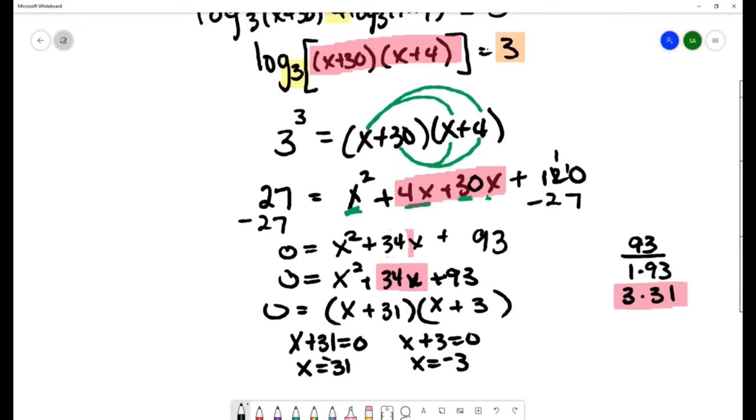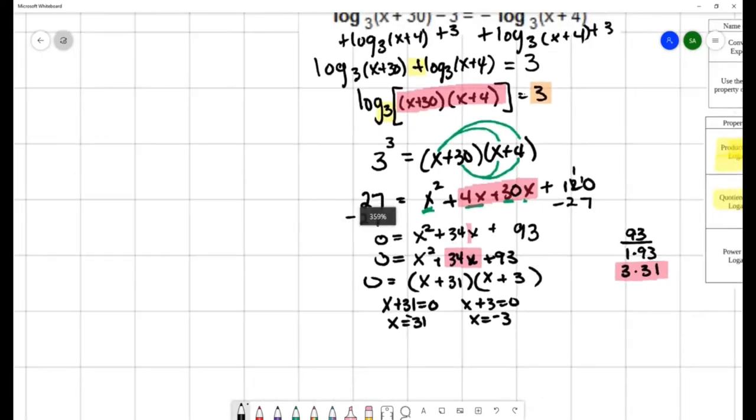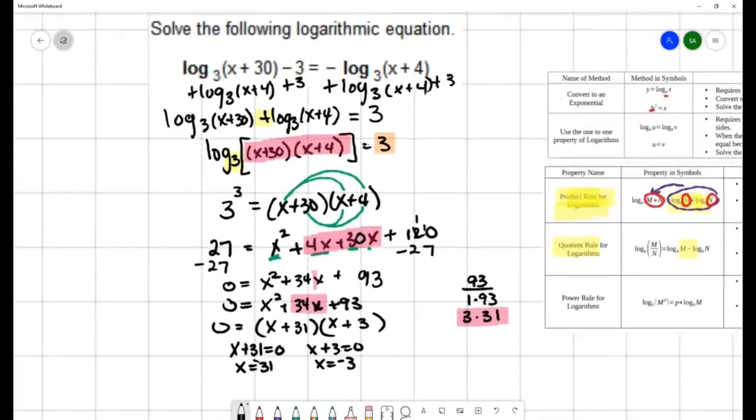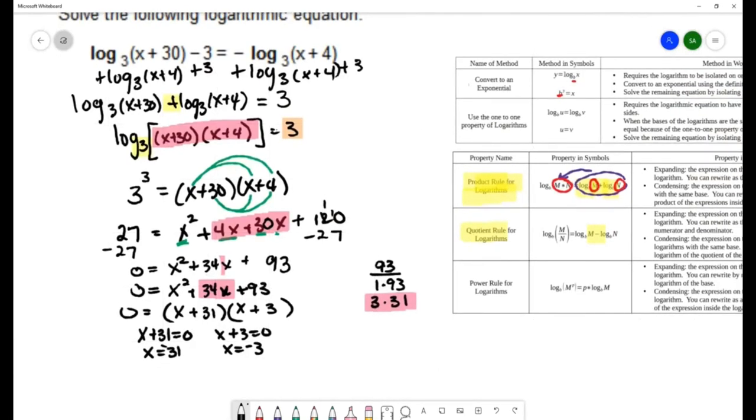Now this is a log equation. Log expressions have restricted domains. So every time we solve a log equation, we need to check to make sure that it works in the original equation.